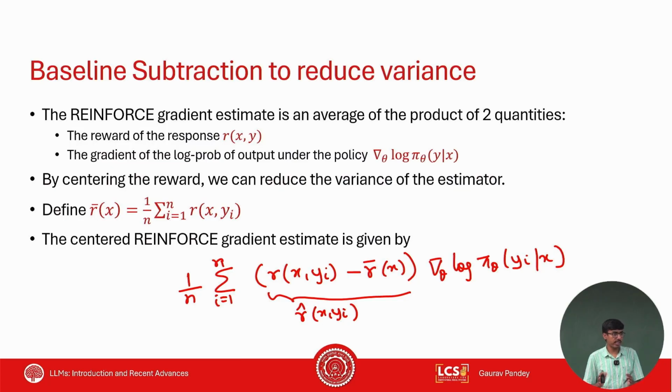If you just subtract the mean over the outputs for a given prompt, then you'll get something similar to the GRPO algorithm, which we will discuss in the next class. If you compute the mean across the entire batch, then it's not GRPO. It's basically the standard REINFORCE with baseline.